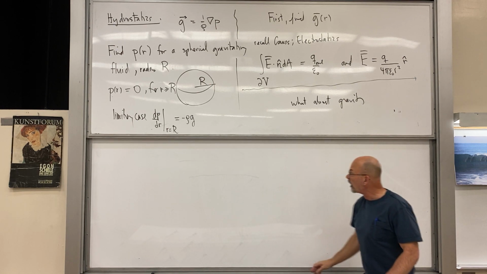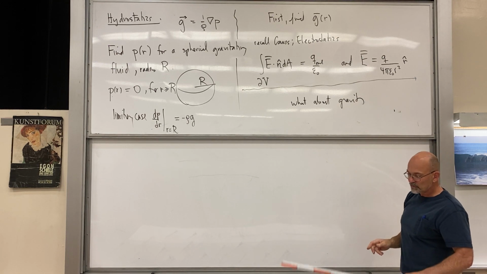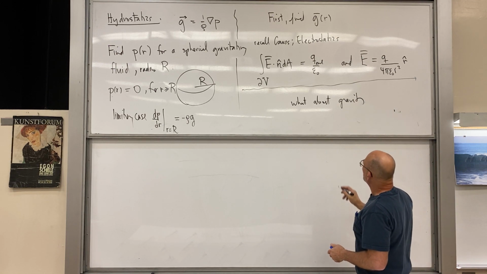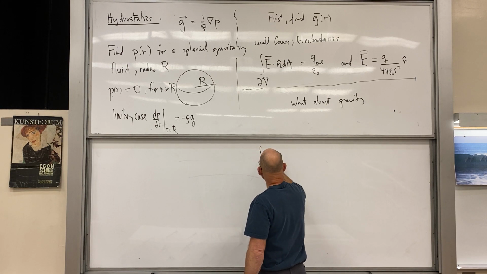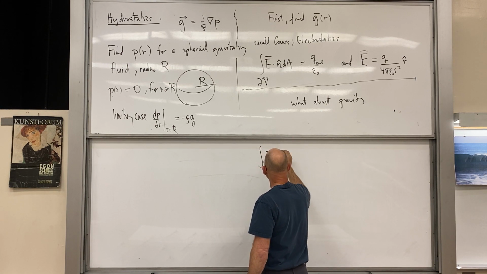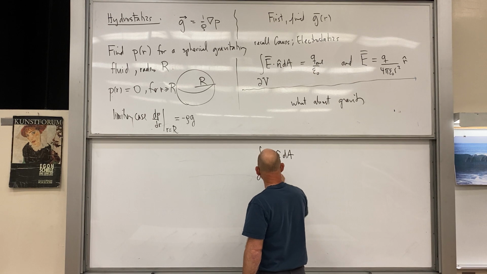They're both 1 over r squared laws. That's why we can do this. So for gravity, we're going to have the integral of g dot n hat dA around our volume.